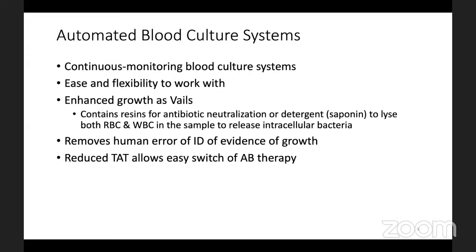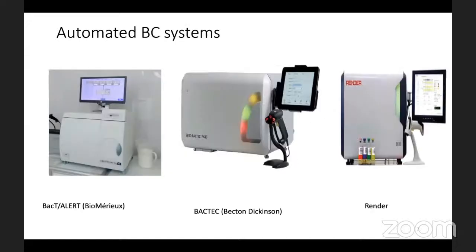So it is enhanced when it comes to growth compared to the manual. It is more flexible to work with. Just picture pulling this bottle out for 5 to 6 days, looking for evidence of growth. For the automated, all you have to do is make sure your machine is working properly, wait for a beep for positive or a beep for negative, and pull out your bottle. So it's very easy and flexible to work with.